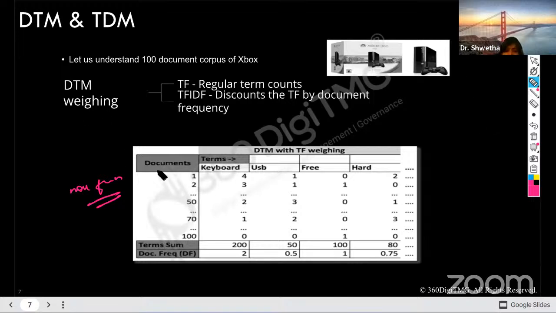So if you are taking documents on this side and terms on this side, then it is a document term matrix. Whereas if you're taking terms this side and documents this side, this would become a term document matrix. Just the complement of it.